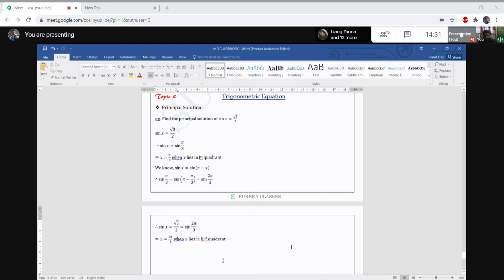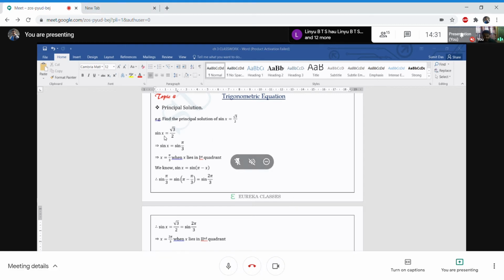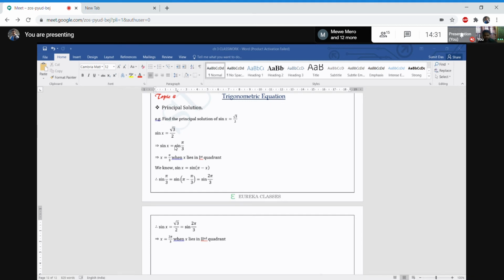Similarly, we know that in the first and second quadrants the sine value is positive, right? So whenever you get a positive value, you have to check the other quadrant also. Similarly, cos is positive in which quadrants? First and fourth.